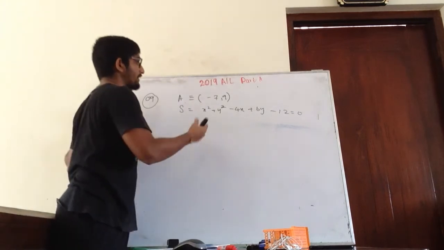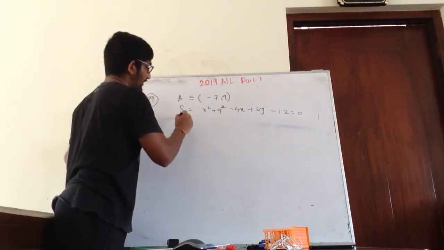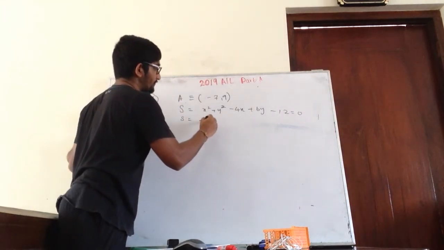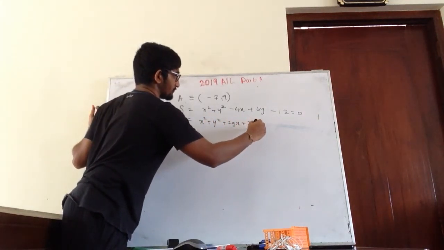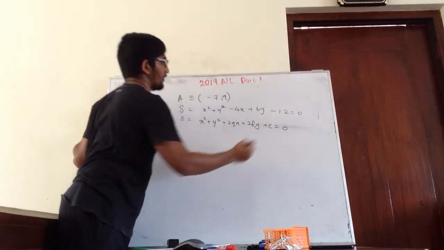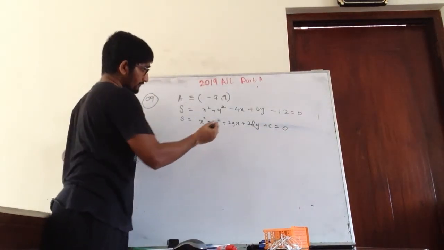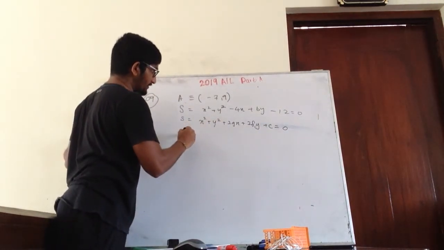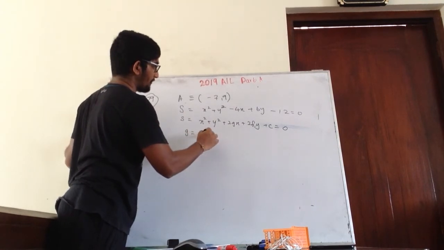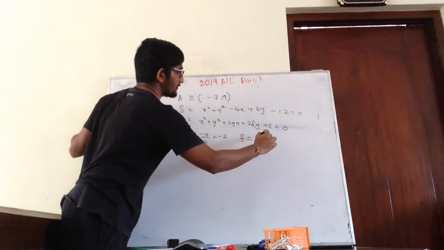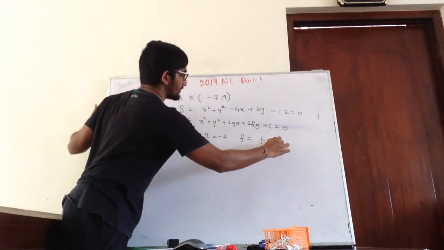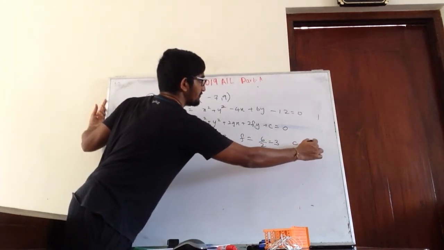Okay. So now here, if I compare this to the standard form, I can take g as what? Minus 4 over 2, that means minus 2. f as 6 over 2, that is 3. c as minus 12.